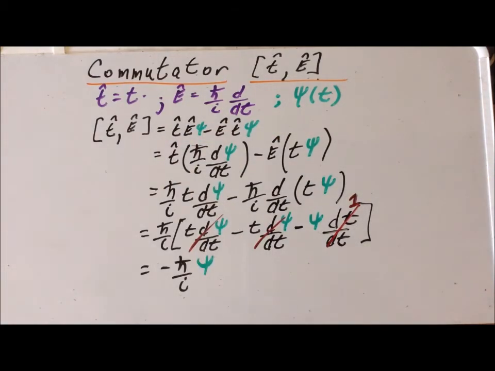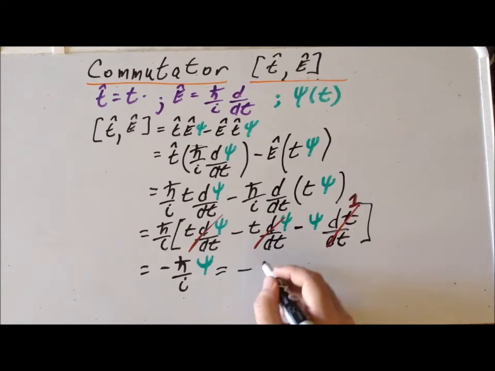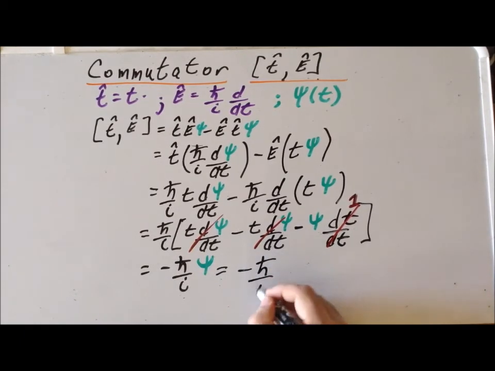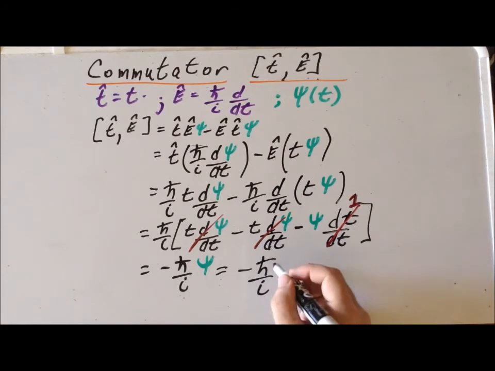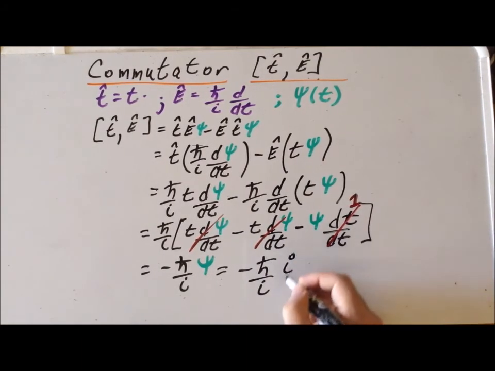So the actual commutator is going to be minus h bar over i. Now let me show one thing here which will allow for compatibility with other textbooks. In other books, this is not the final form of the commutator. What they tend to do is to multiply both numerator and denominator by i, similar to the idea of rationalization of a fraction.